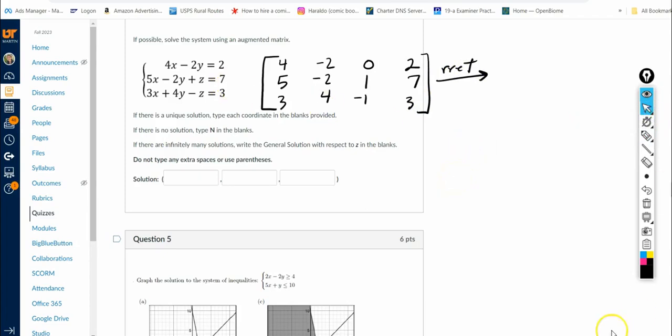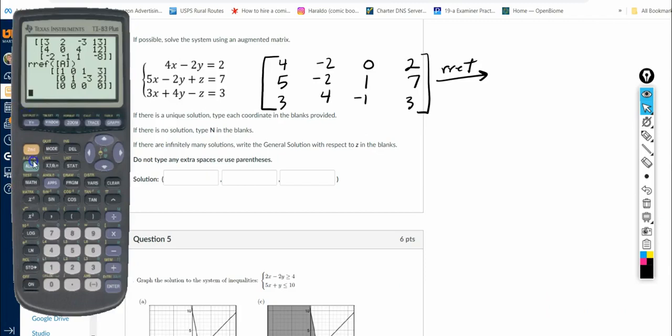All right, let me get the calculator up again, and let's get back into the matrix menu. And again, let's get a 3 by 4. And we have 4, negative 2, 0, 2, 5, negative 2, 1, 7, 3, 4, negative 1, 3.